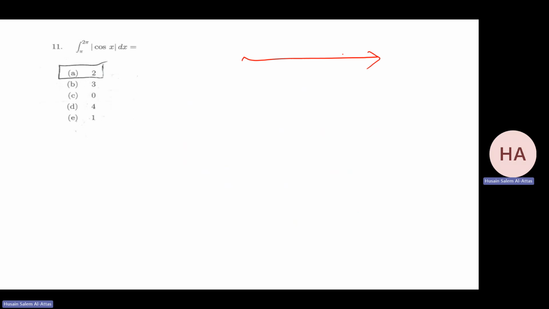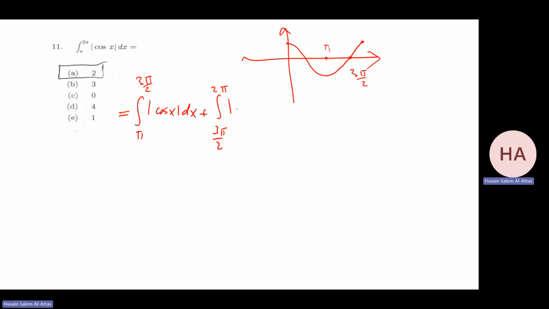That depends. Cosine, be careful with cosine. This is cosine. I want it from pi to 2 pi. So I need to split it at 3 pi over 2. But I have positive, negative. So this will be integral from pi to 3 pi over 2, absolute value of cosine x dx, plus 3 pi over 2 to 2 pi, absolute value of cosine x dx.